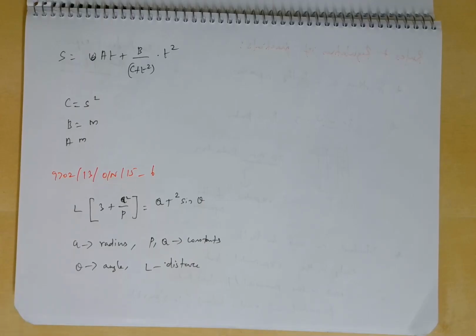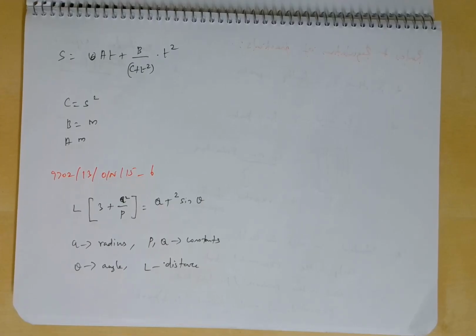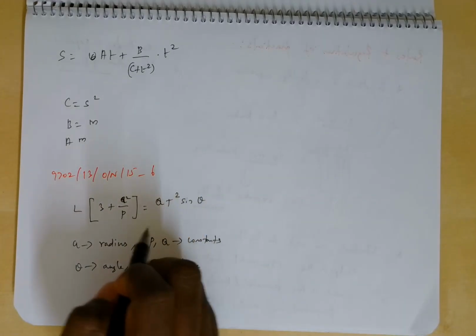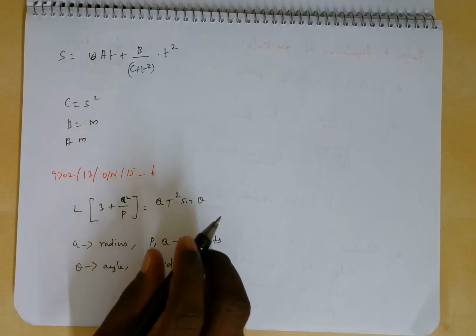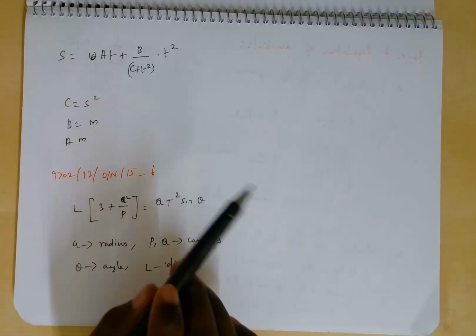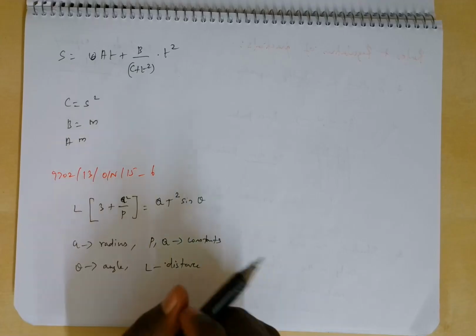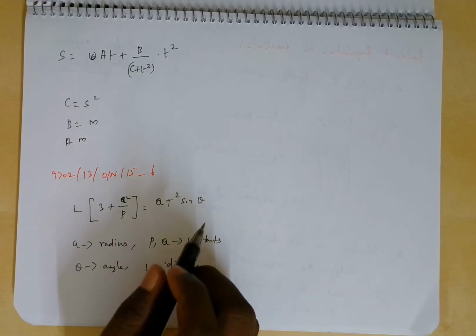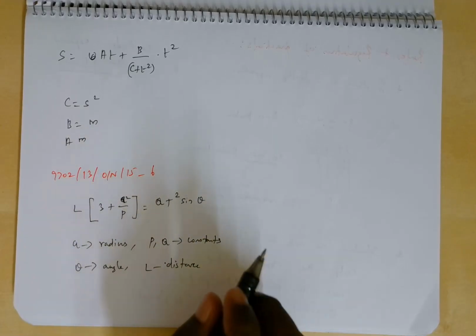For which is meter per second, sir? How did you get m square by s square?